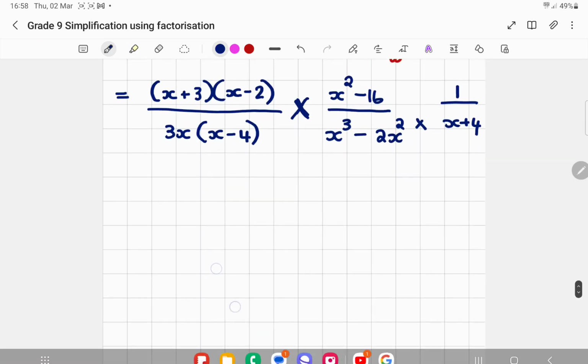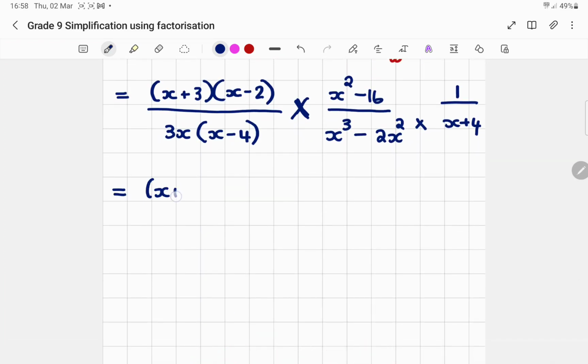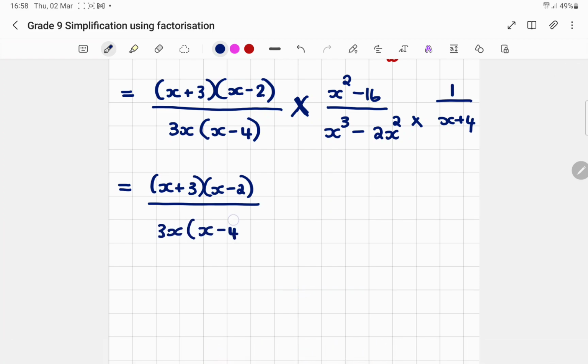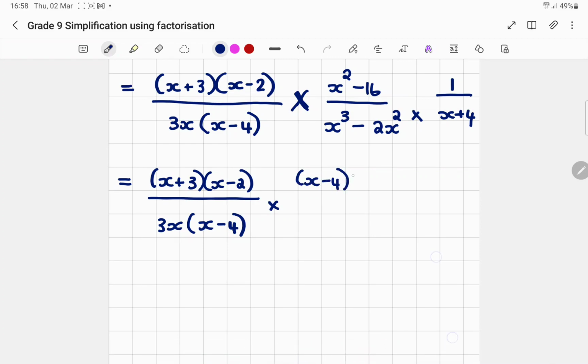Okay, let's keep on factorizing that middle term there. x plus 3 times x minus 2 over 3x. I'm just rewriting this. Times, okay, there is a difference of two perfect squares. And that is an HCF.